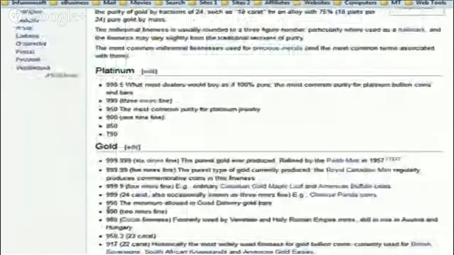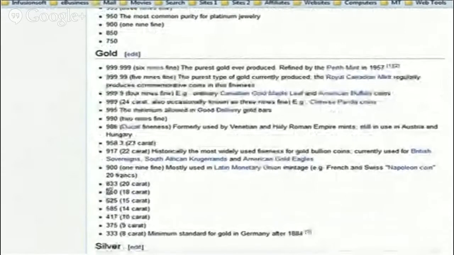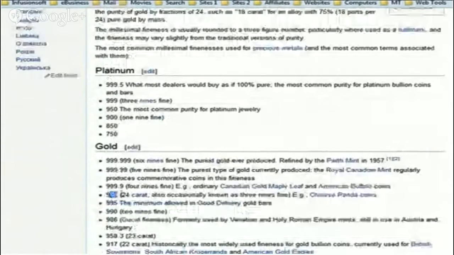If you have a look at gold here, you can go right down. 18 carat is regarded as 750. There's 9 or 10 carats, there's 400 odd. And we're up here. Let's have a look. 999 is regarded as 24 carat, and 999.9 is what our Karatbars is manufactured to, is the standard, the fineness.